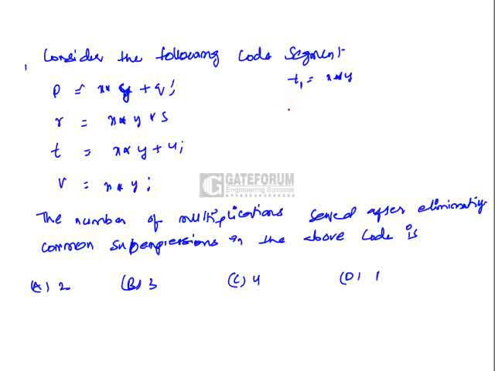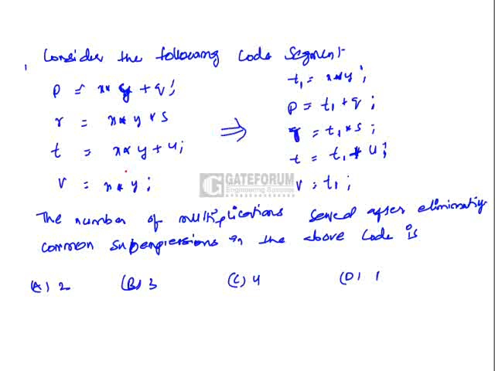Now p would become t1 plus q, and r would become t1 star c, and t would become t1 plus u, and v would become t1. This is the code after eliminating the common sub-expression from the given code.